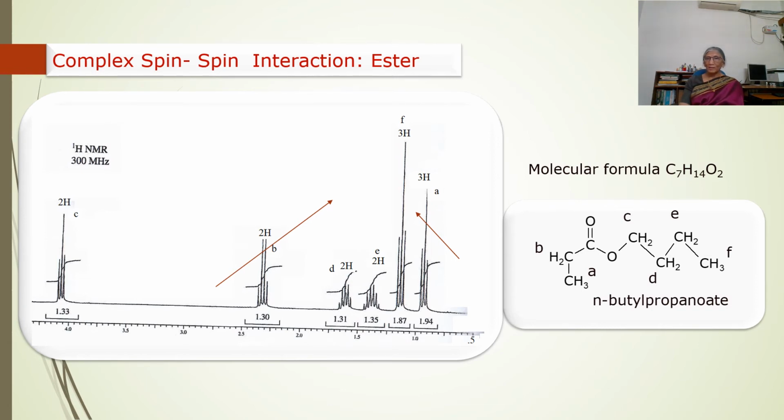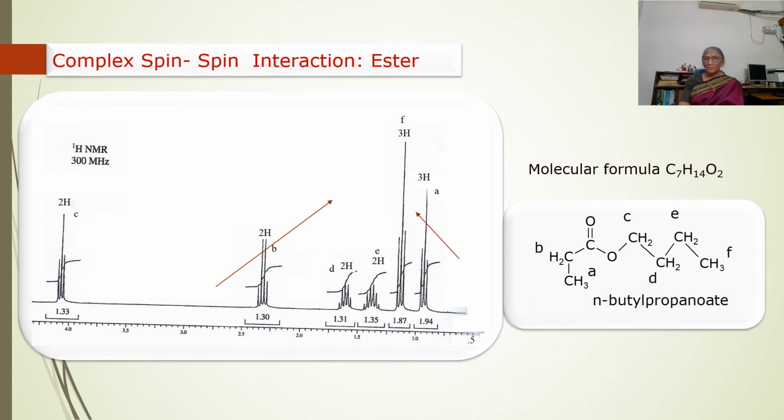And the signal D has 2 neighbors. 2 methylene groups are present, so D will be a pentet. You can count the number of peaks here.